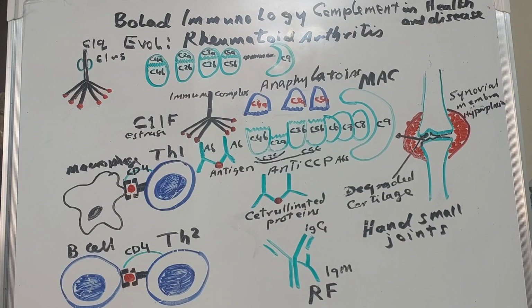So plasma cells produce antibodies to citrullinated peptides. These antibodies are known as anti-CCP antibodies.